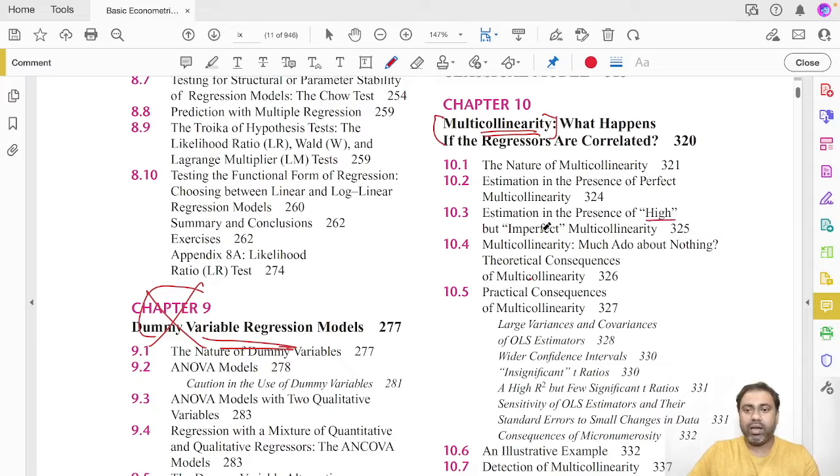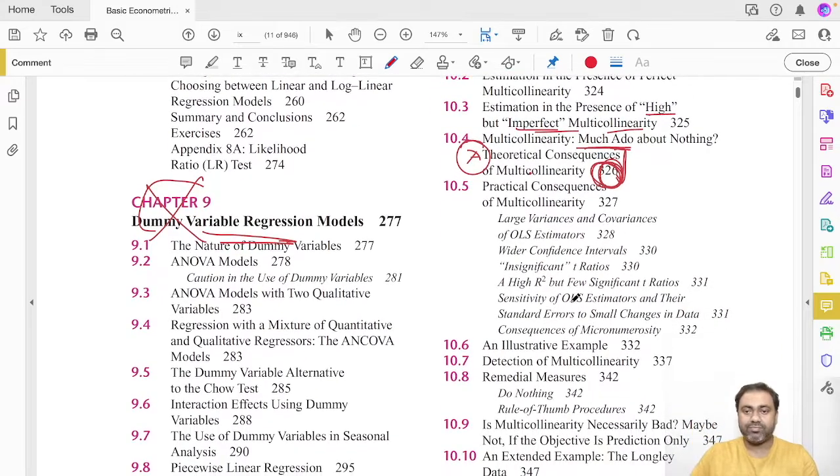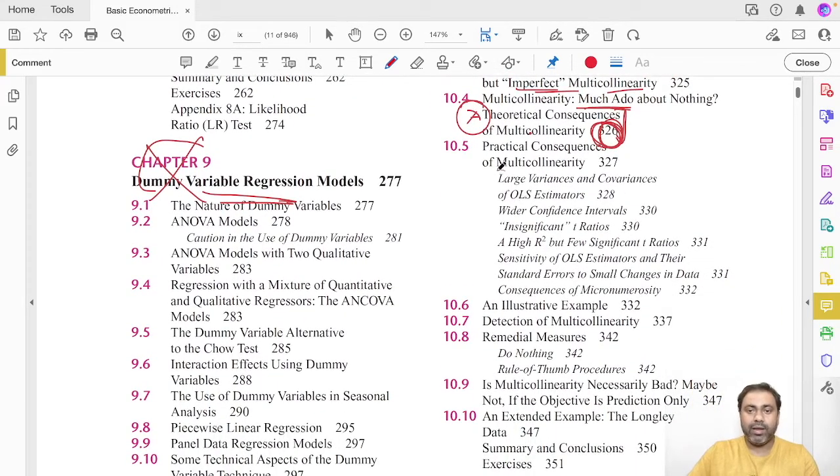Okay, high and imperfect multicollinearity. What are the theoretical consequences? This is very important. Theoretical consequences of multicollinearity, this is very significant. Okay. And again, 10.4 is important, 10.5 is very important. Remedies or detection, like what are the different tests to detect multicollinearity?